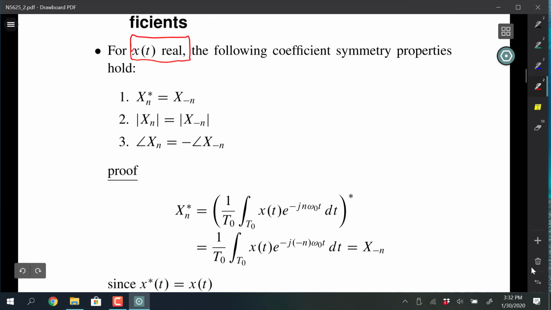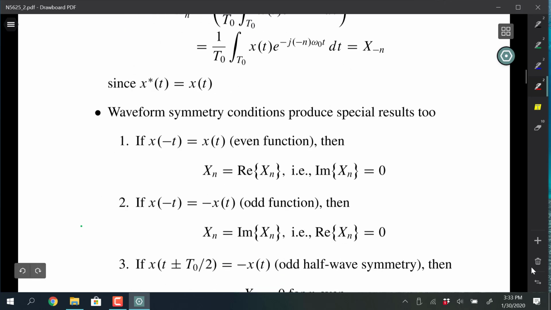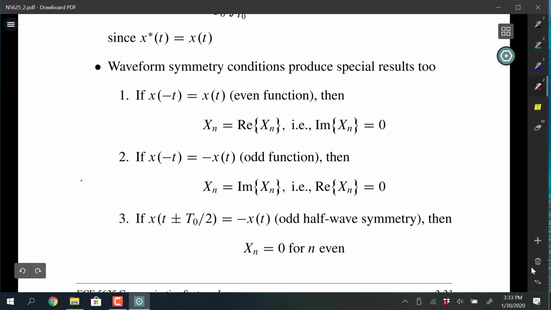So the symmetry applies, Fourier coefficients are conjugate symmetric, magnitudes at the positive and negative indices are equal, and the angles are equal and opposite. And then we have these other nice properties that you learned about a while back. Waveform symmetry conditions. An even function means it's even about t equal to 0, so that means the Fourier coefficients are purely real.